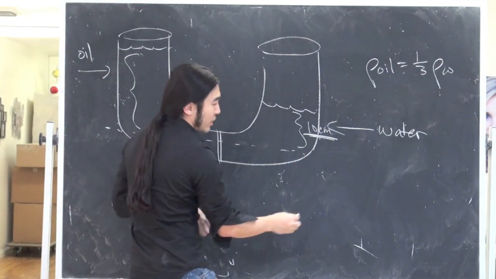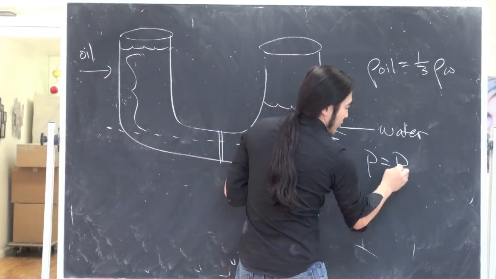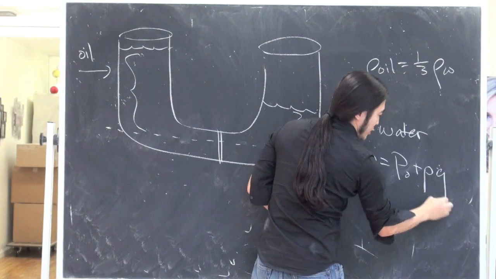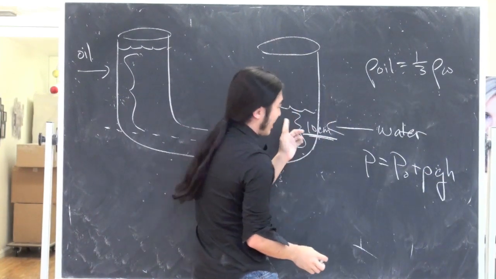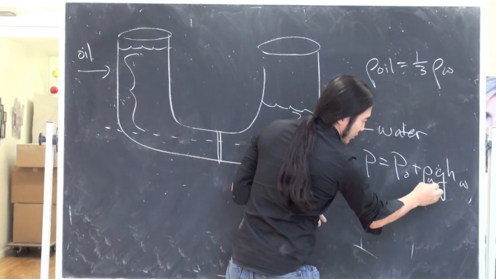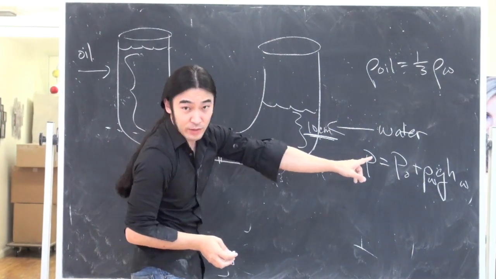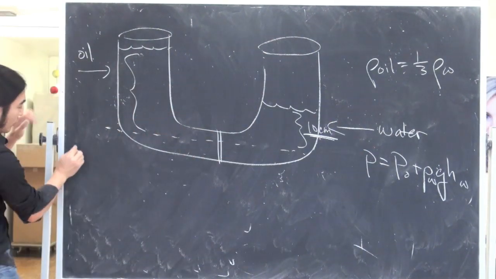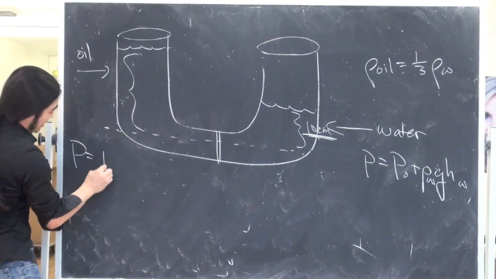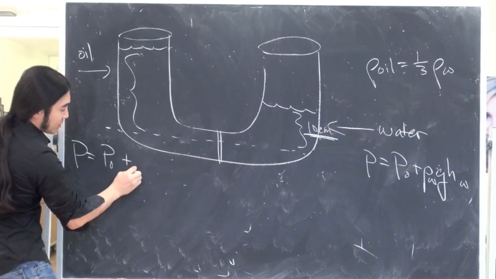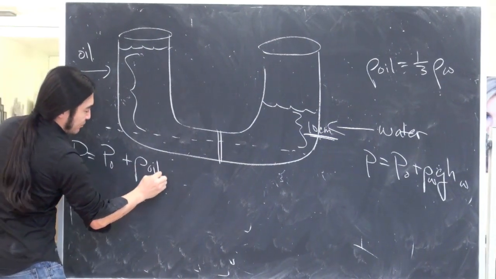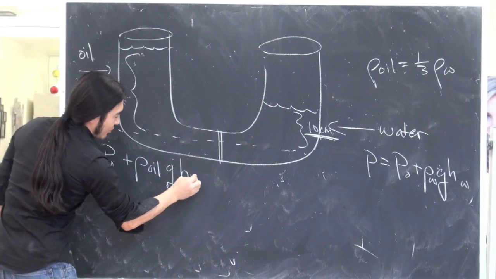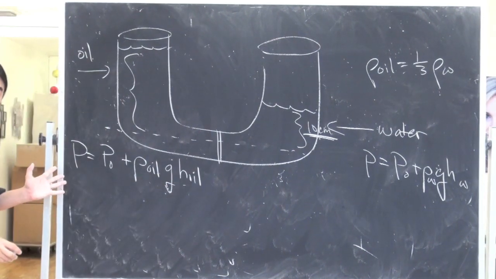Pressure from the water is going to be rho naught plus rho g h, h being the height of the water, and rho the density of the water, remember it's always in terms of the fluid, right? Over on this side, what about the oil? Pressure for the oil should be atmospheric pressure again plus rho of the oil, g, height of the oil. Do you guys agree with this? Okay.